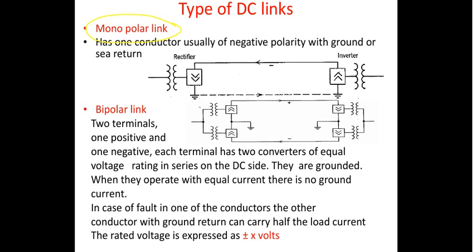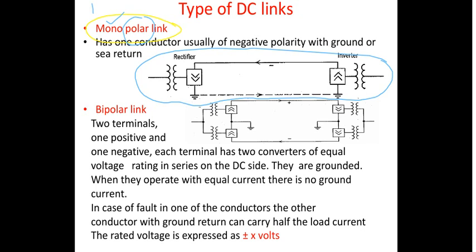So now if you look at the first diagram, of course both the diagrams are almost overlapping, but anyway you can just refer to this diagram. This diagram refers to the structure of a monopolar DC link, and as you can see here, the monopolar DC link has got a single conductor, generally of negative polarity, and it uses the earth or sea for the return path of the conductor.